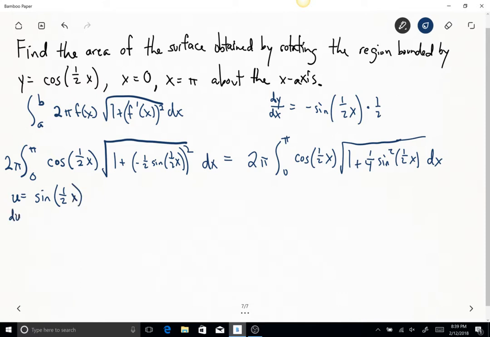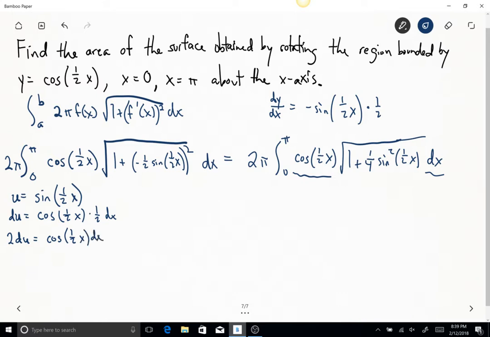So that means du equals cosine of 1/2 x times 1/2 and then a dx. So notice we have the cosine 1/2 x right here, and we have the dx, and so we can multiply both sides by 2 to get 2 du equals cosine of 1/2 x dx.